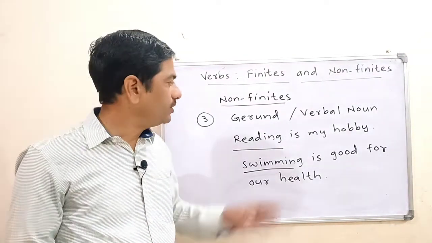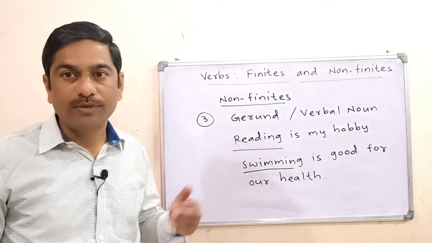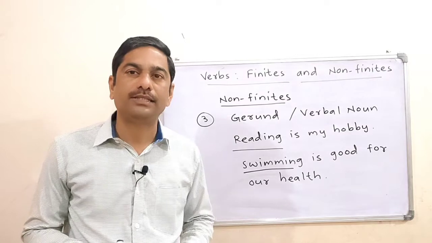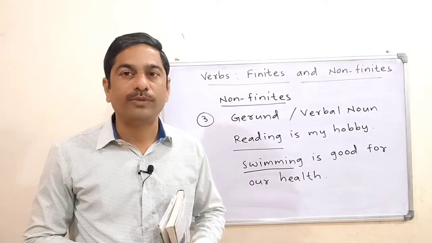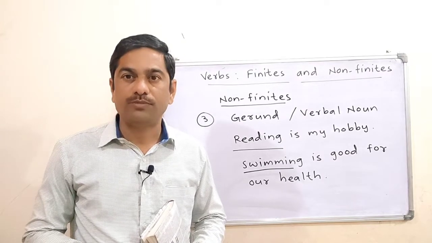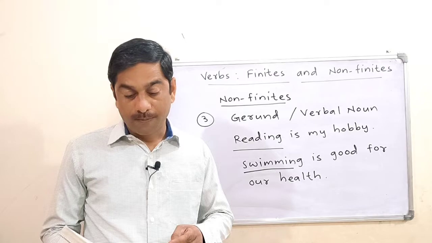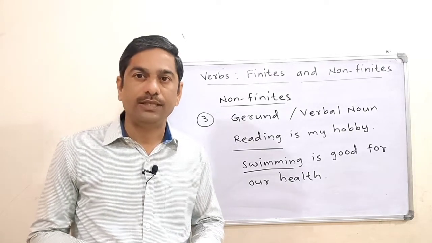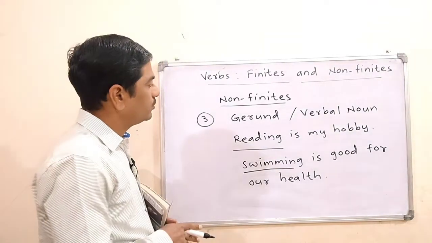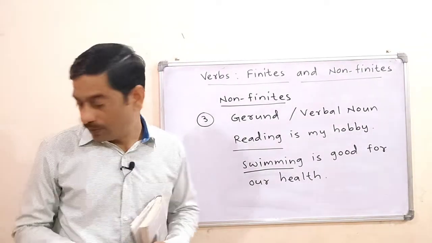Now we will speak about gerund in detail in the coming videos. We will speak about all these subtypes in detail. We will speak about infinitives, then present participle, then gerund, and the fourth type, that is past participle, in detail in the coming few videos. So these are two examples of gerund or verbal noun.